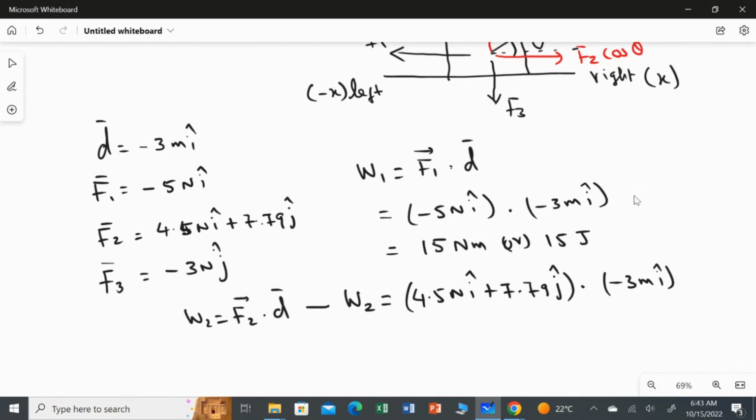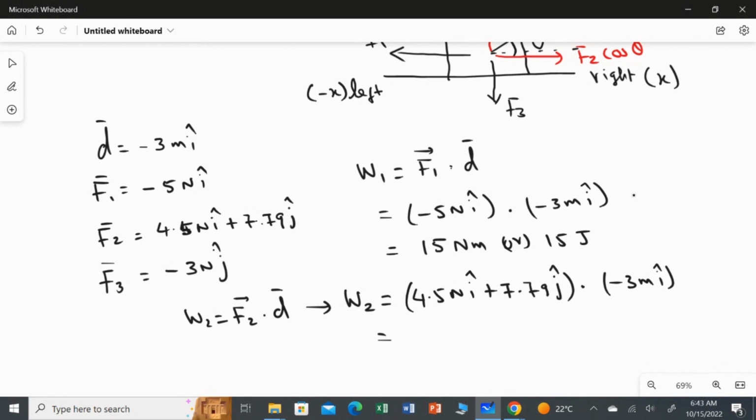Now you have to see here, when you go for the dot product, all the times I should multiply I with I. And here we have I cap, here we have I cap, but in the second part, we have J cap. If you multiply J cap with I cap, it leads to 0, because J cap dot I cap gives you the value of 0.